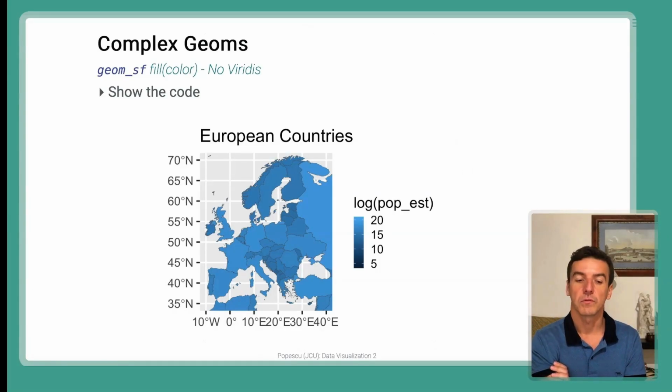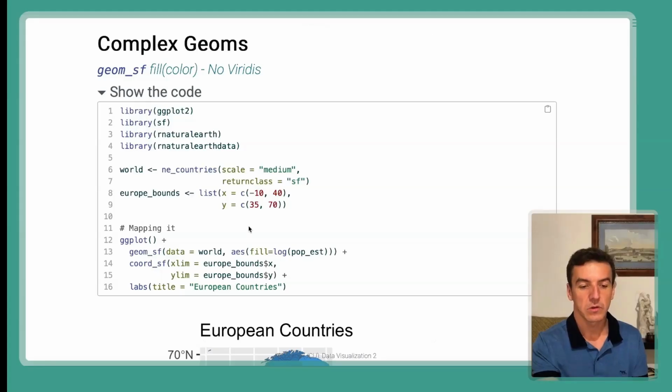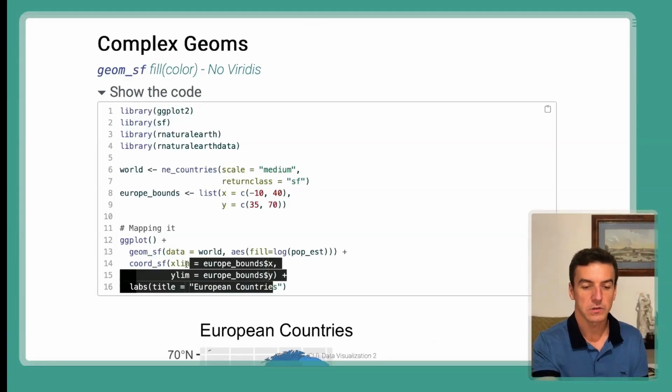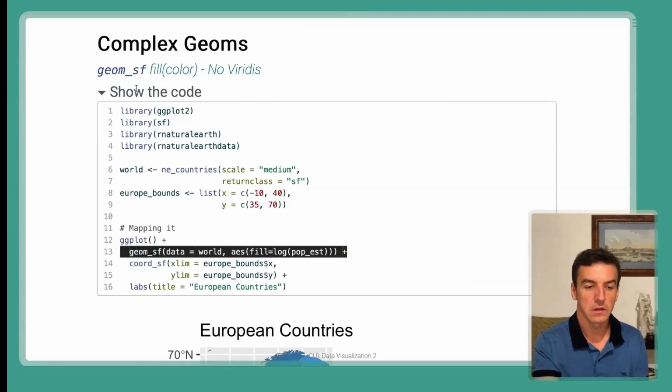Okay, one of the best usages for Viridis is when it comes to representing data on the map. So this is our choropleth map when we're not using the Viridis scheme. Remember that we're trying to map out estimated population. So once again, this is what the geoms function does and how it's represented.